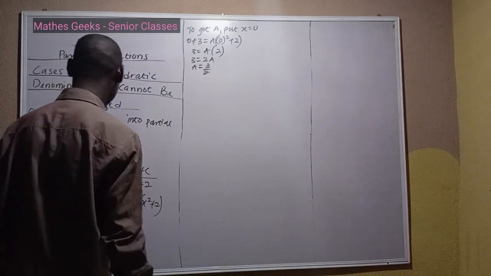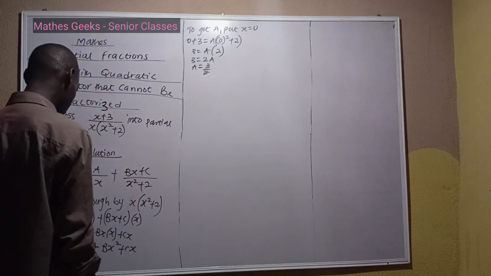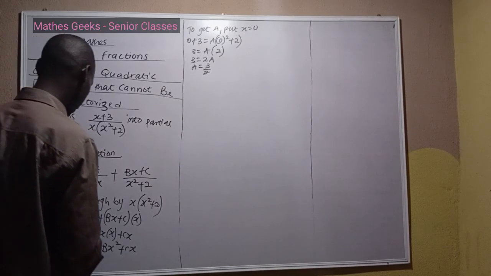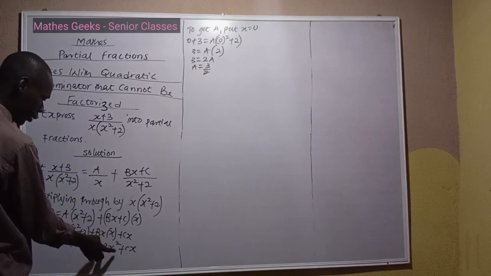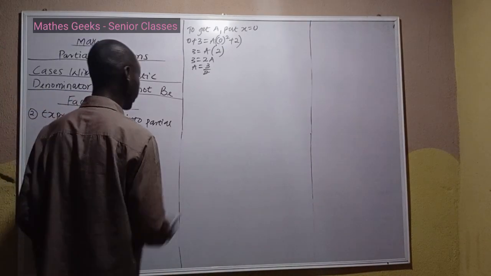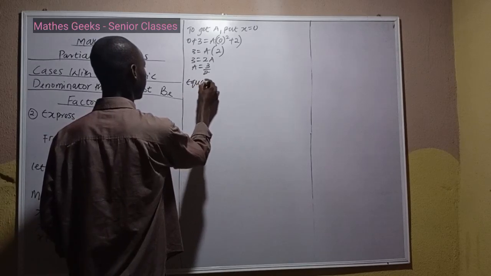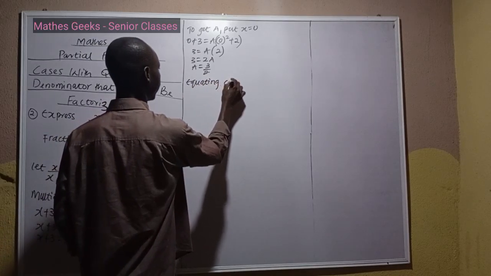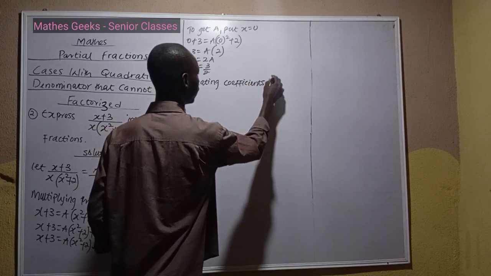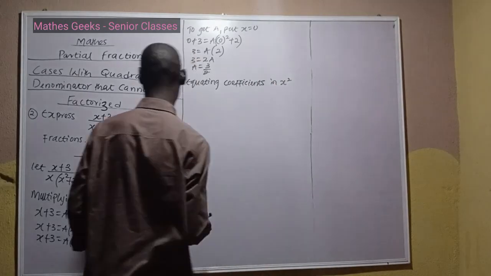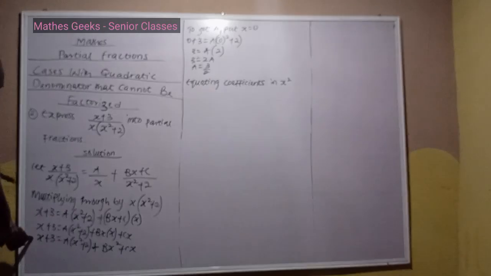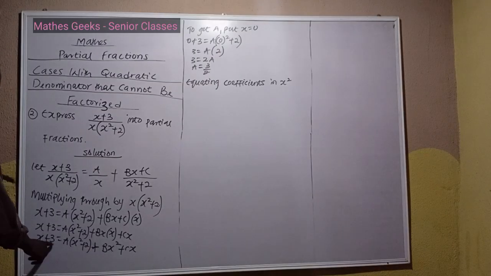So now that the value of e is known, which is 3 over 2, we're going to get the value of b, and to do that we're going to equate. b is a coefficient of x squared, so we're going to equate coefficients in x squared. On this side of our equation we don't have a coefficient in x squared, rather we have a coefficient in x and a constant.